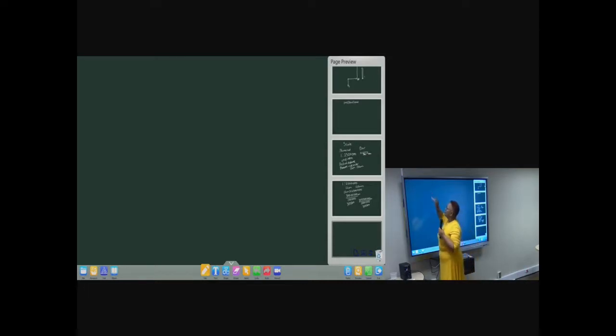Let's say you wanted to convert these 312 centimeters to kilometers.